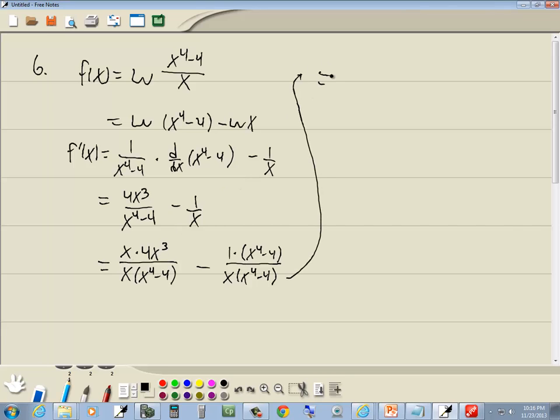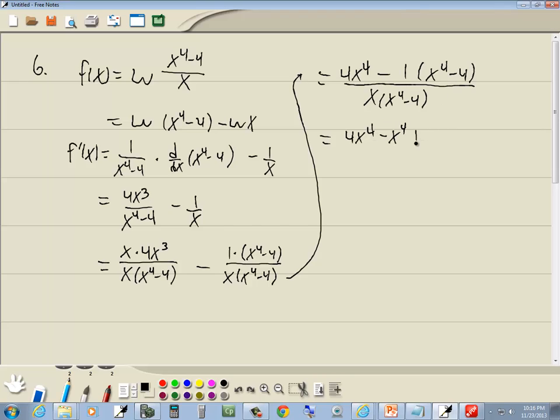Well, x times 4x to the third is 4x to the fourth. Now they already have the same denominator, so I can merge these together. That's minus 1 times x to the fourth minus 4 all over x times x to the fourth minus 4. So we got 4x to the fourth. Negative 1 times x to the fourth is negative x to the fourth.